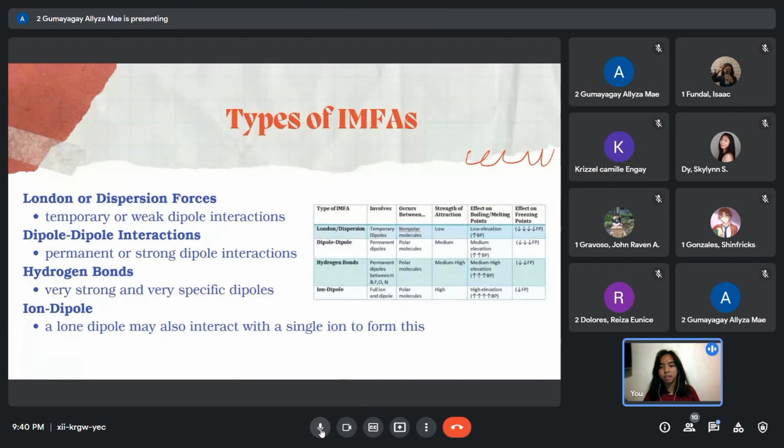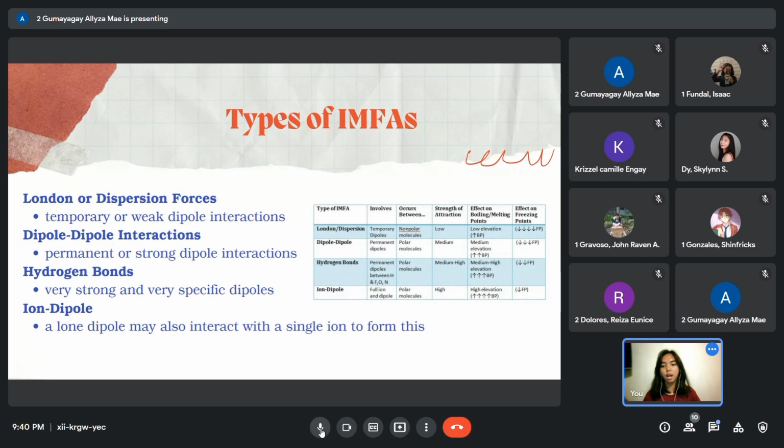Thank you, Ms. Engay. Now, before we proceed to bond strength and physical properties of covalent compounds, I will discuss to you the types of IMFA. First is the London dispersion forces. They are temporary or weak dipole interactions. It happens between two nonpolar molecules. Second is the dipole-dipole interactions, permanent or strong dipole interactions.